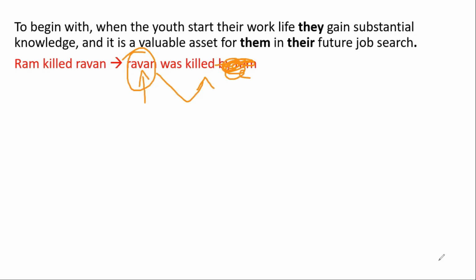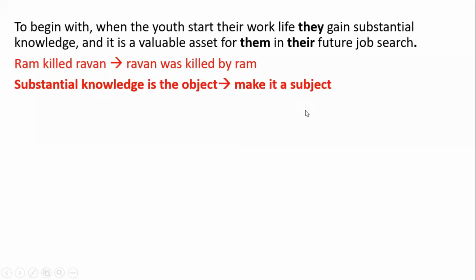The same way here, if you talk about "they gain substantial knowledge," substantial knowledge is the important thing here. Who gained is obvious. It's the youth only. You don't have to mention it again, isn't it? Correct? So how are you going to change that? That object, you're going to make it a subject.